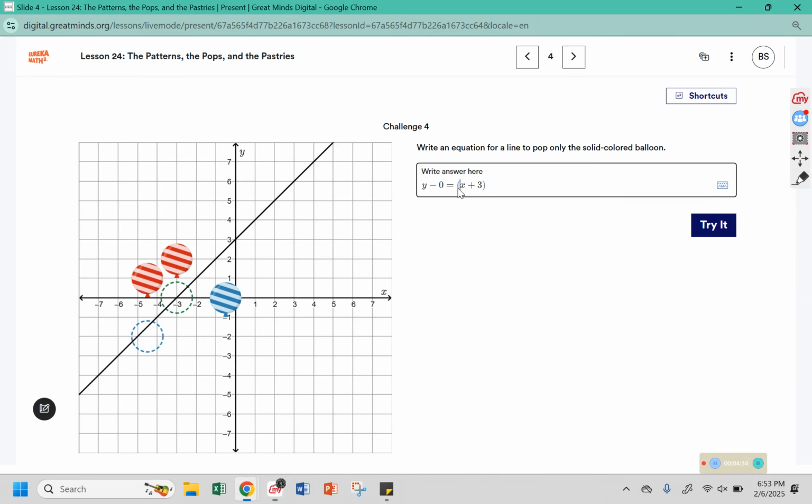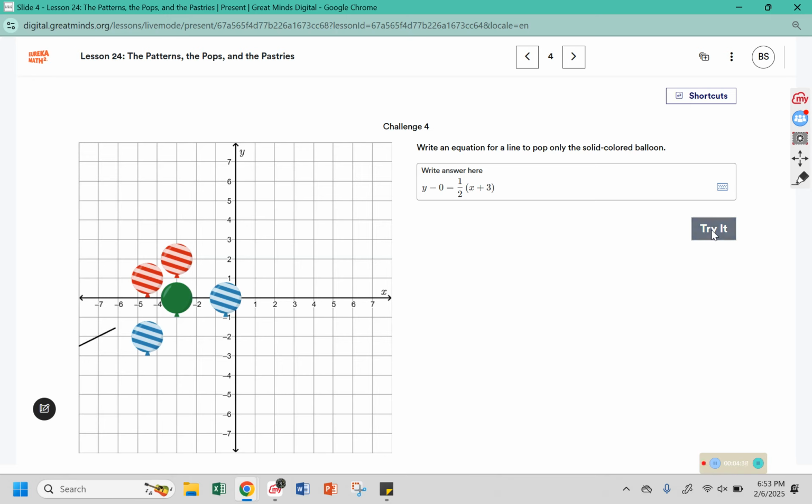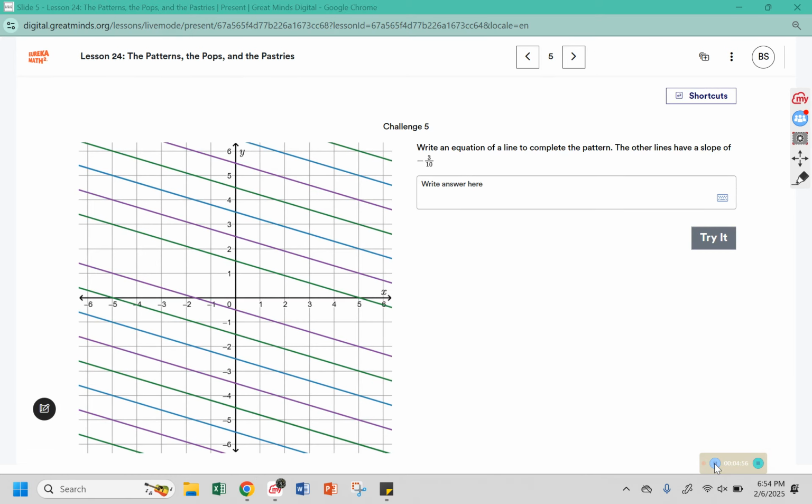Let's try changing out the slope with 1/2. So we made it less steep, but we kept the point -3, 0 on there so that we crossed through the green solid balloon.